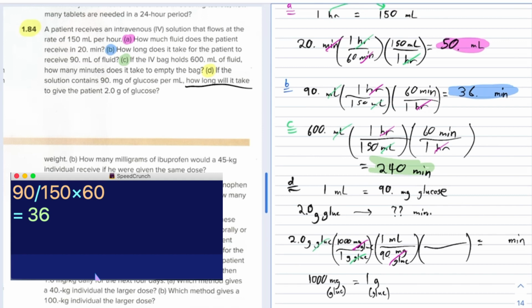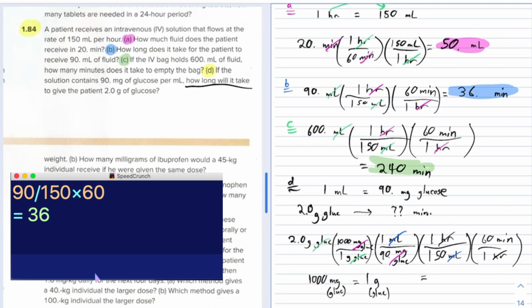That cancels the milliliter, and now we're at hours. And to get to minutes, it's very simple. Let me make a little bit more room. There are 60 minutes in an hour. 60 minutes is 1 hour. And now we're at minutes.